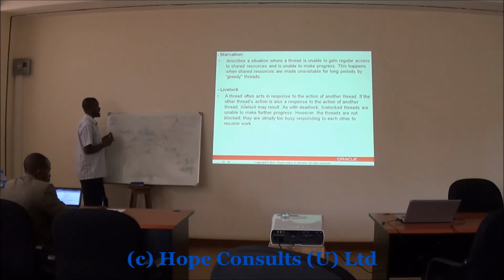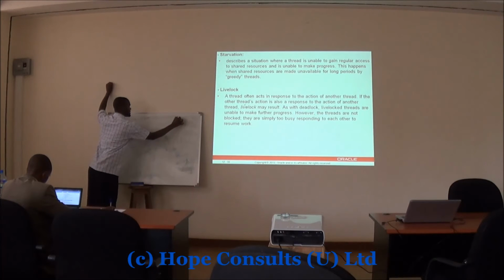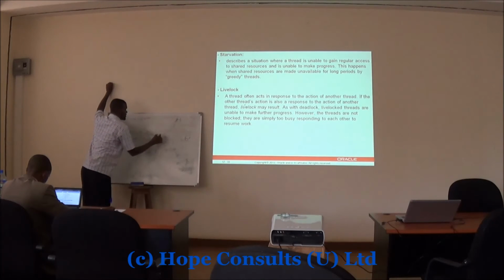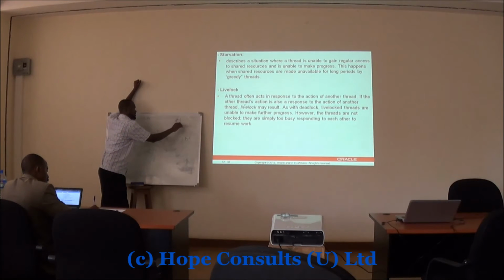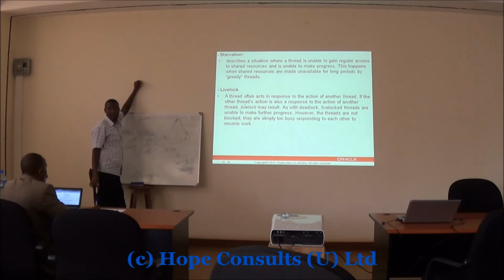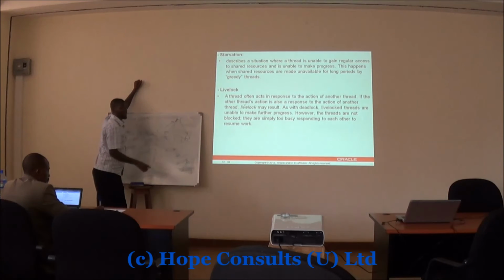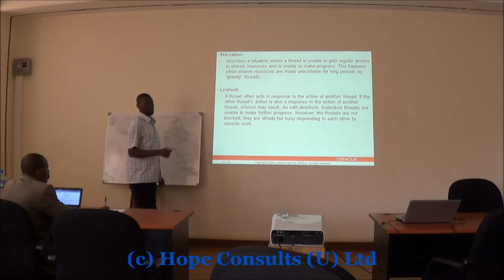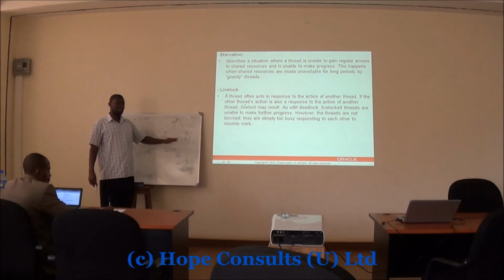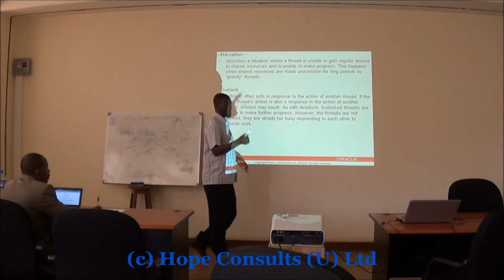Then we have livelock. Here we have a case with three threads: thread A, B, and C. Thread A activates thread B, thread B activates C, and C activates A. So we have a continuous loop, non-stop, because when thread A is activated, it activates B, which activates C, which activates A, and the process repeats itself forever.